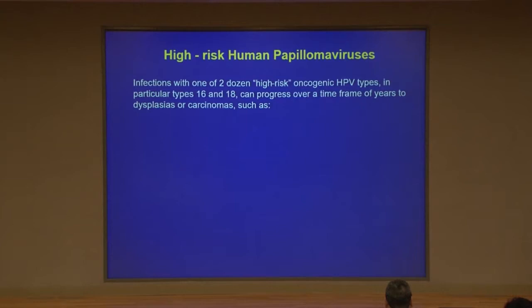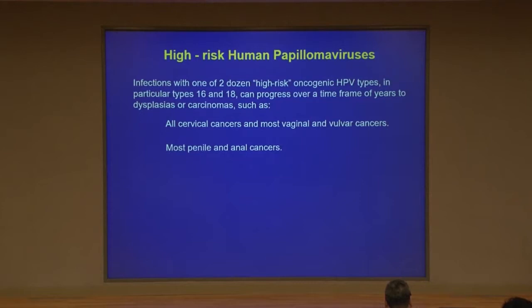But now we do have something better. Let me continue this subject. All the cervical cancers are caused by human papillomaviruses, these high-risk viruses, and most of the vaginal and vulvar cancers as well. Then penile and anal cancers, most of them are caused by papillomavirus.